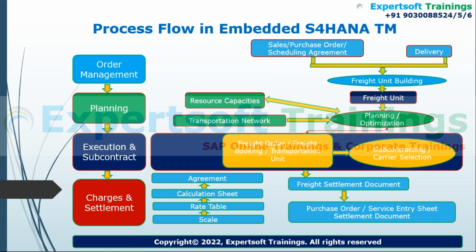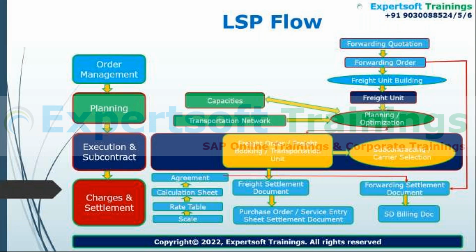Are those scenarios also going to be touched upon, or how will things move? Can you come back? I did not understand. I'm asking especially for the companies on an S4 system only, or can they go standalone for this TM module implementation with other ERPs?